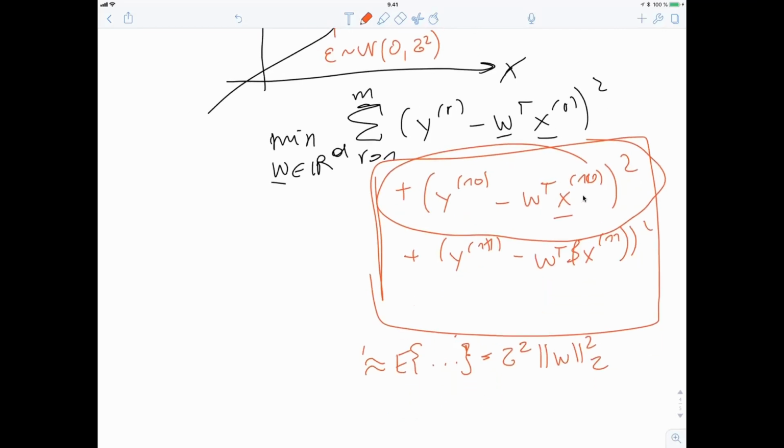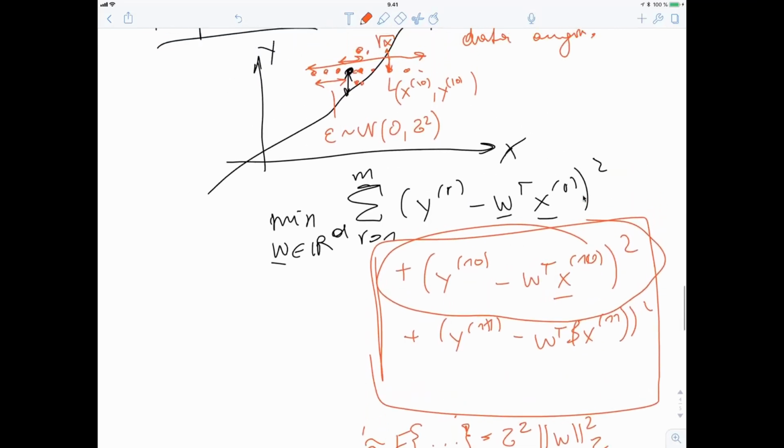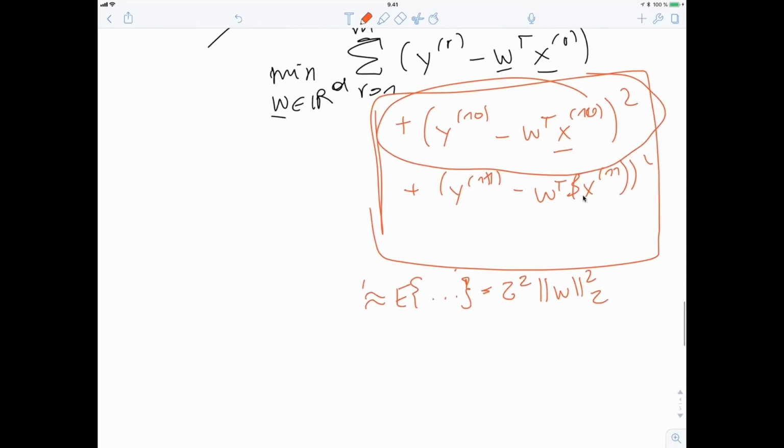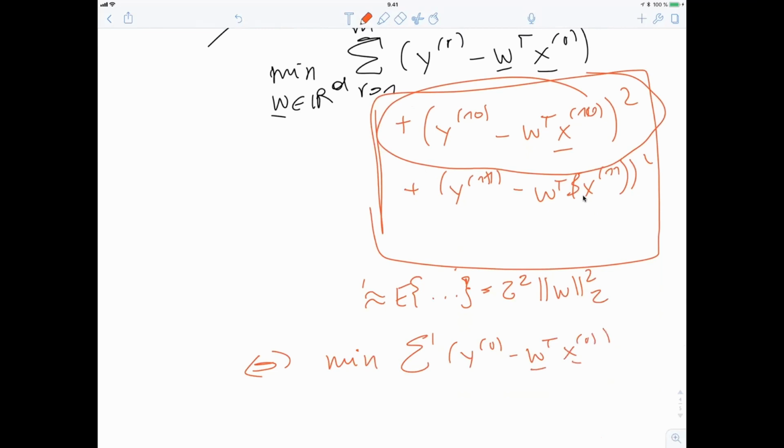All these additional terms. So what we see is data augmentation with infinitely many perturbations becomes equivalent to minimizing the average squared error loss on the original training set, plus another term which corresponds to all these additional error terms on the augmented data points, which is sigma squared times the norm of w squared.